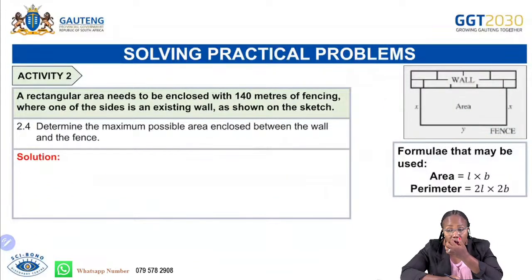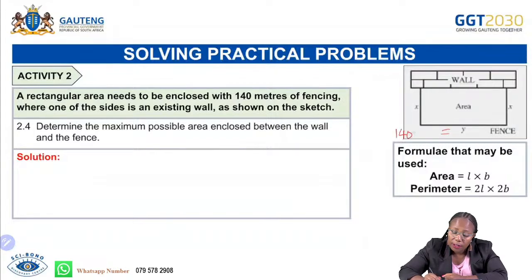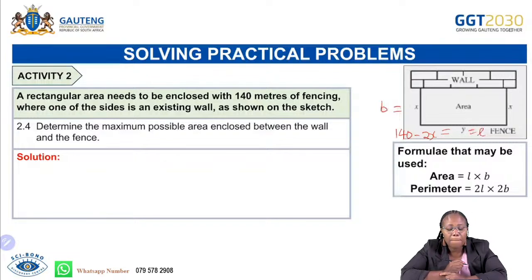Still on question 2. A rectangular area, we are still using the same information now. That this will be 140 minus 2x as we have indicated, and then this is our breadth x, and then this is our length y. And then determine the maximum possible area.